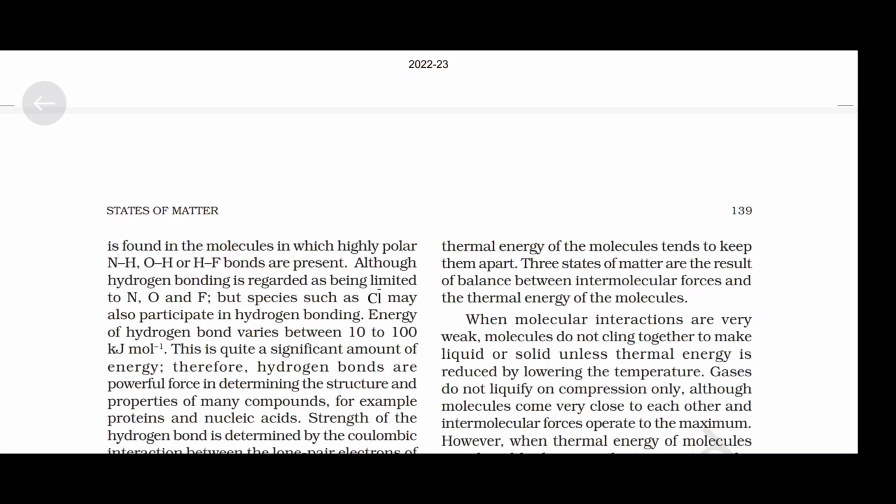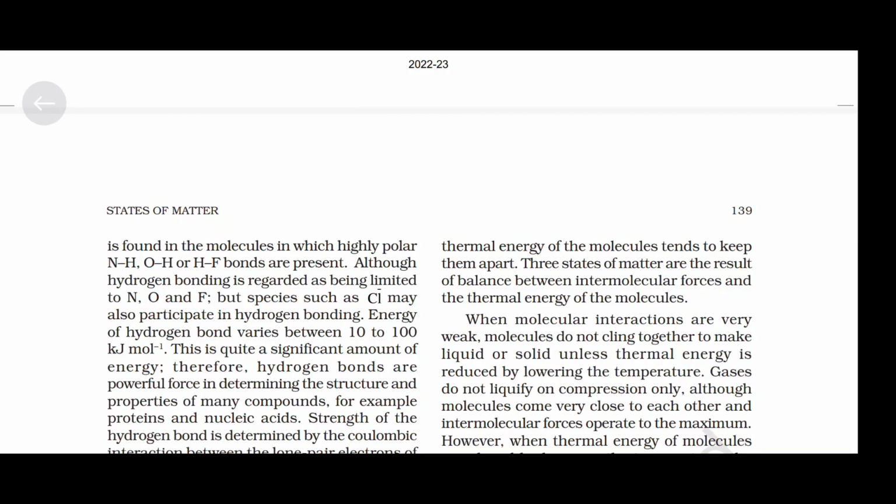Although hydrogen bonding is regarded as being limited to nitrogen, oxygen, and fluorine, species such as Cl- may also participate in hydrogen bonding. Energy of hydrogen bond varies between 10 to 100 kilojoule per mole. This is quite a significant amount of energy. Therefore, hydrogen bonds are powerful force in determining the structure and properties of many compounds.